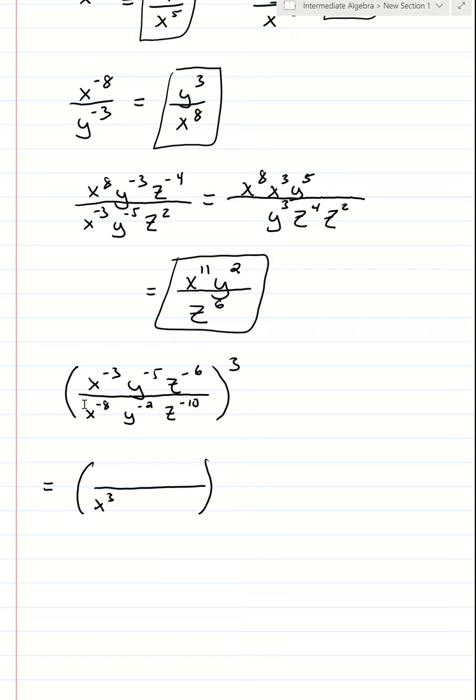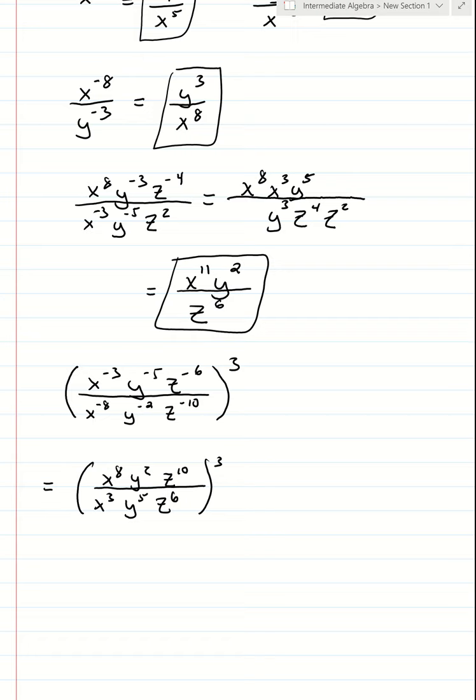X to the negative eighth must go up top. Y to the negative fifth goes to the bottom. Y to the negative second, that's got to go up. Z to the negative sixth, bring that down. Z to the negative 10th, I'm going to move that up. I got rid of all my negative exponents, okay?